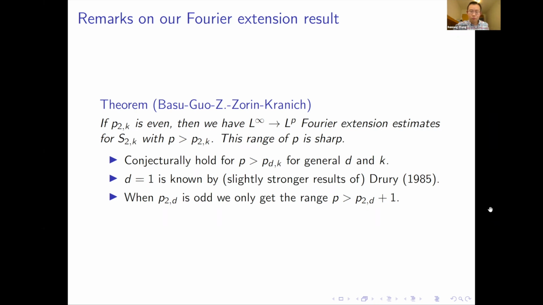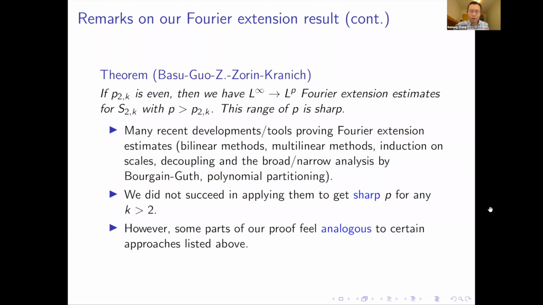But one interesting thing that I found about this is that, as some of you might know, there are many recent developments proving Fourier extension estimates. So I listed many of them: bilinear methods, multilinear methods, induction on scales, decoupling, the broad-narrow analysis by Bourgain and Guth, and polynomial partitioning.